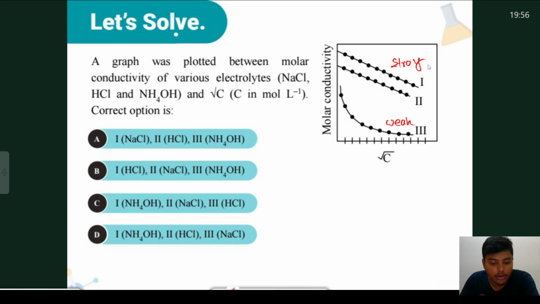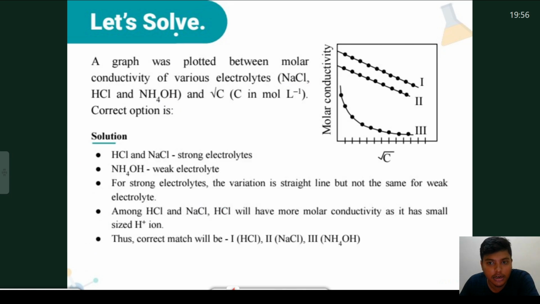Out of NH4OH, HCl and NaCl, NH4OH is the weak base. So if it is a weak base, 3 is NH4OH. So option C and option D are wrong. Now coming to NaCl and HCl, which has more conductivity? Obviously HCl. So 1 is HCl, 2 is NaCl. Clear? Understood how to check that?